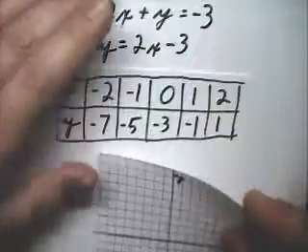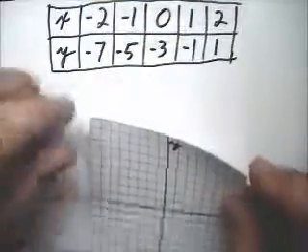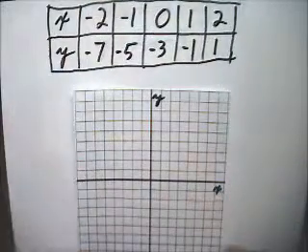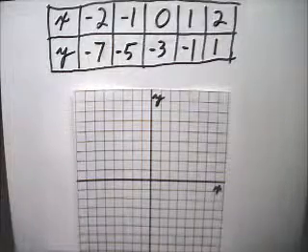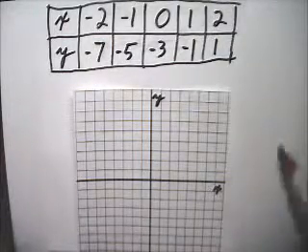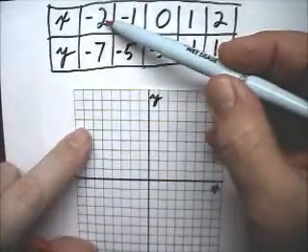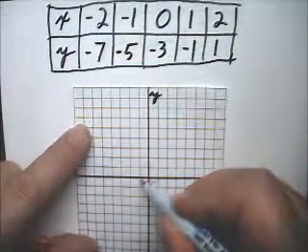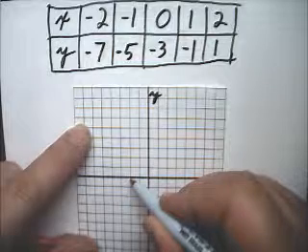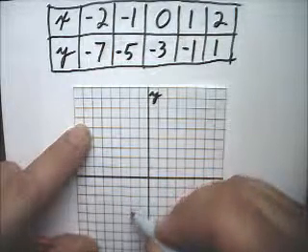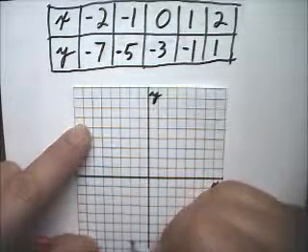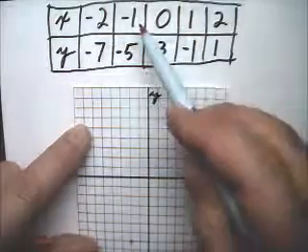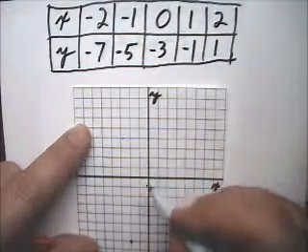So to graph this function, I'm going to use these values. This first point is the point -2, -7. So starting here, x is -2 and y is -7. It's right there. Now the point -1, -5.